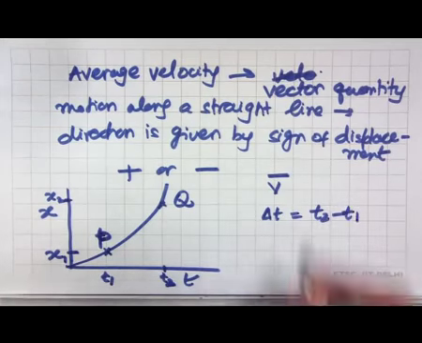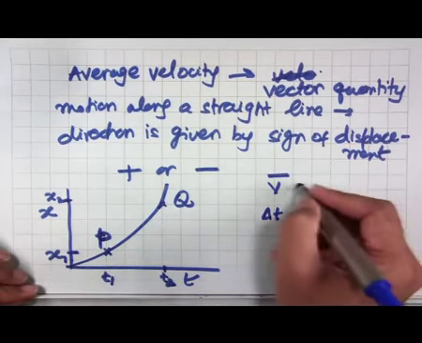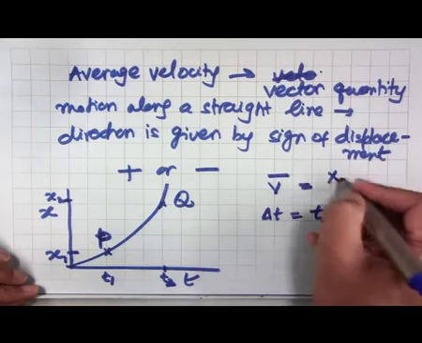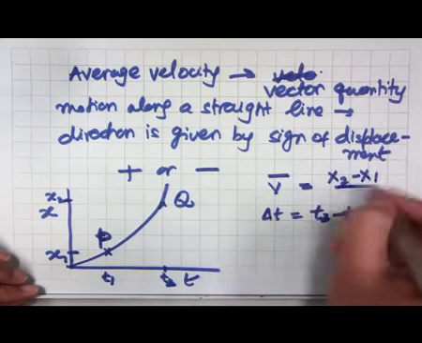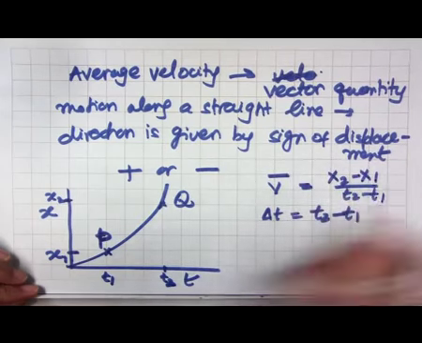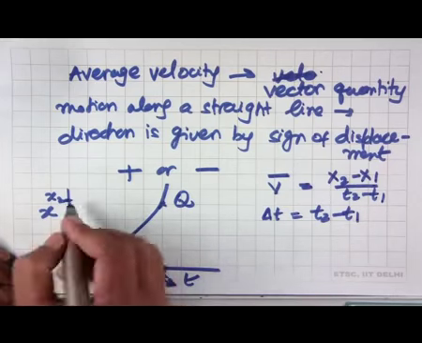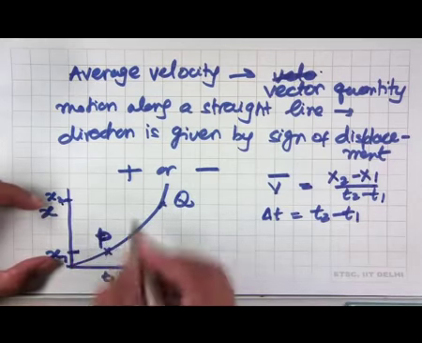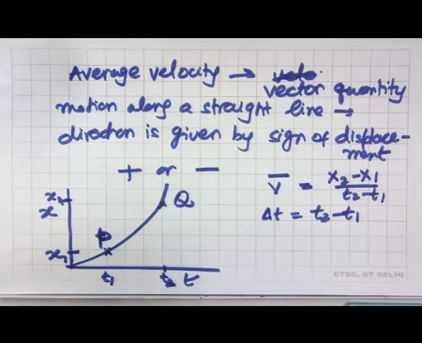The average velocity in this interval will be equal to x2 minus x1 divided by t2 minus t1. On this graph, this is x2, so x2 minus x1 divided by t2 minus t1.